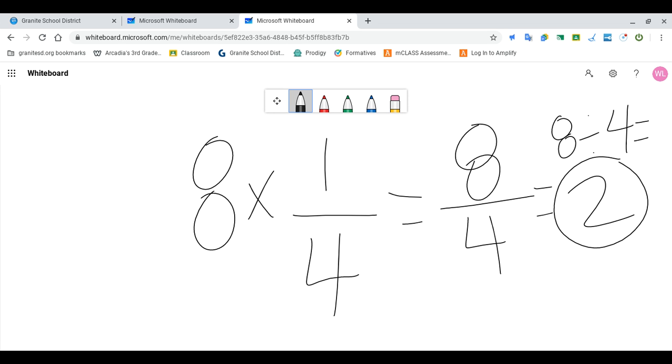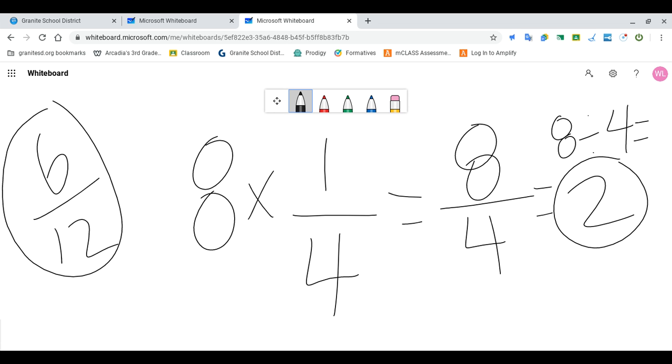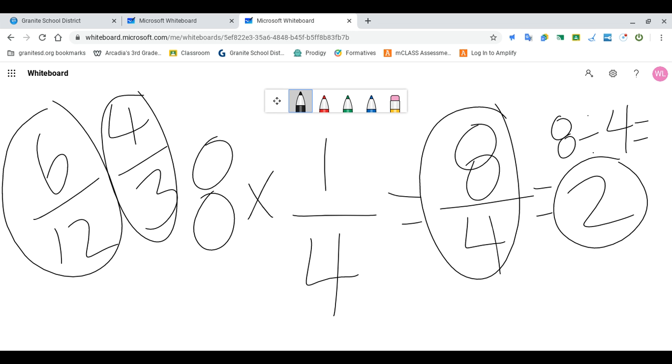It's not always going to work that way. Our last answer was 6/12. Your numerator is still smaller, so this is just a regular fraction. And then our answer before that was 4/3, which is an improper fraction, but you can't divide 3 by 4, so that was just your answer there. Honestly, you can put 8/4, but you can also take it a step further and just divide and see that it's 2.